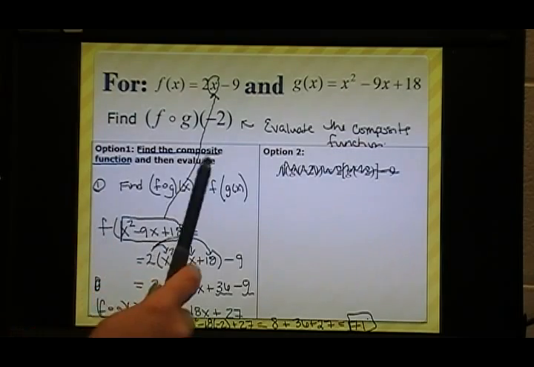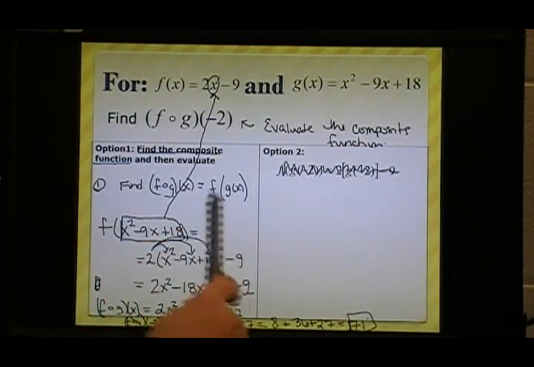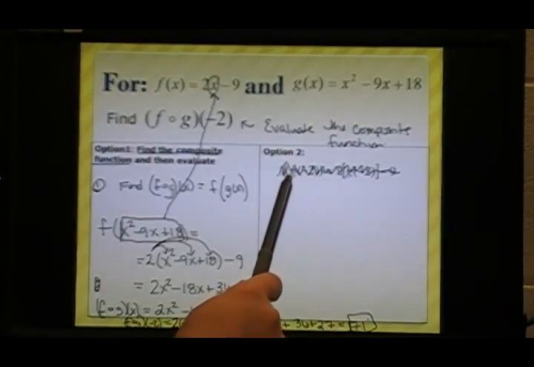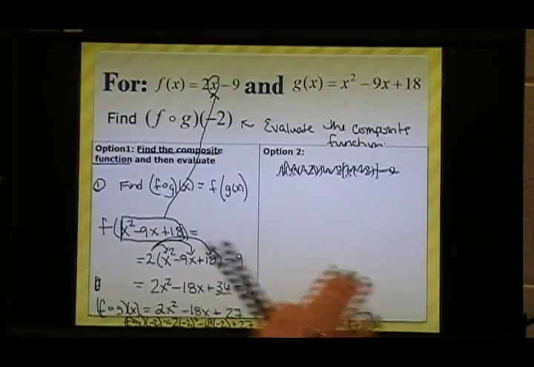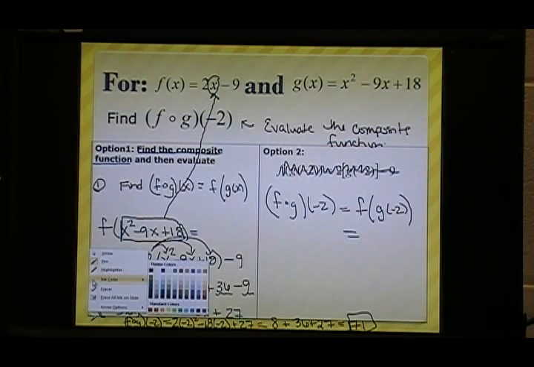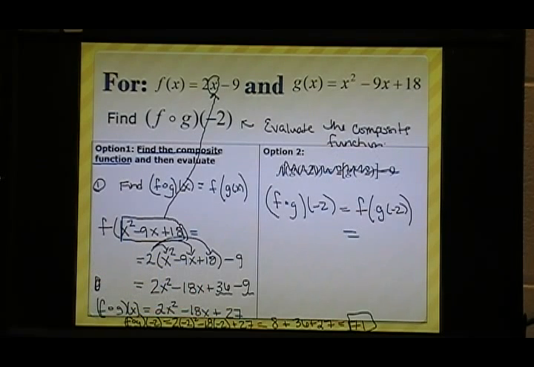So I can evaluate by first finding the composite function and then substituting in, or option 2 is just evaluating without ever finding the composite function. So back to notation, f of g of -2 is the same thing as f of g of -2. And so if I want to evaluate without finding the composite function, what I need to find first is this g of -2.